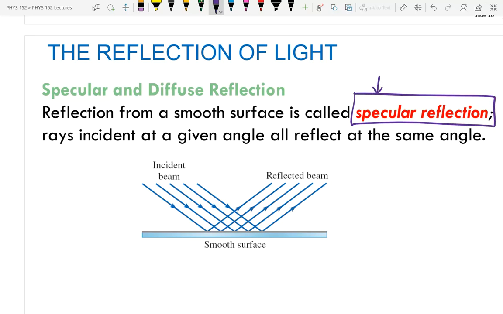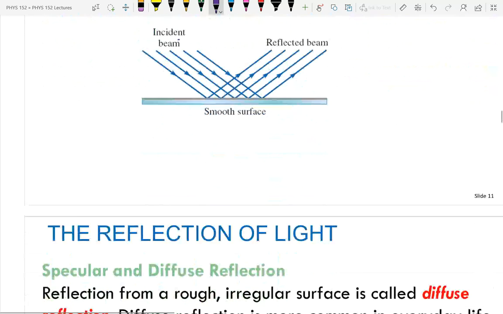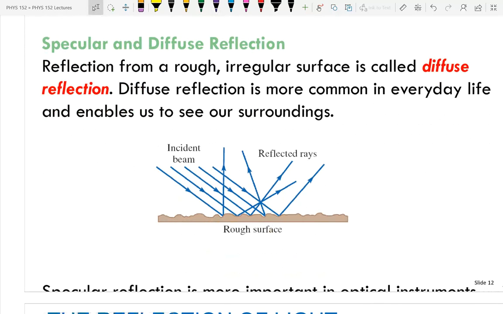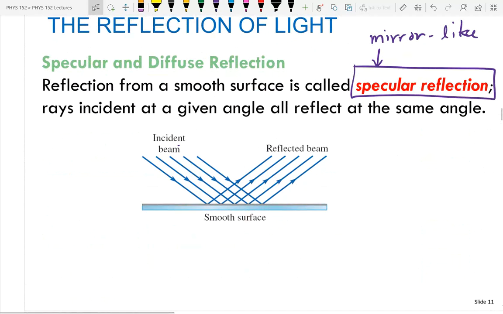Specular reflection means mirror-like reflection. So for you and me, when we say specular reflection, we mean it's reflection like it hit a mirror and bounced off. When light hits a mirror and bounces off, we talk about the incident beam, the reflected beam, and we draw a normal to the surface.